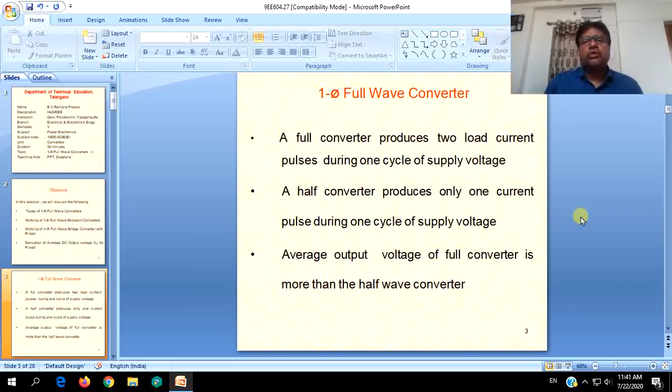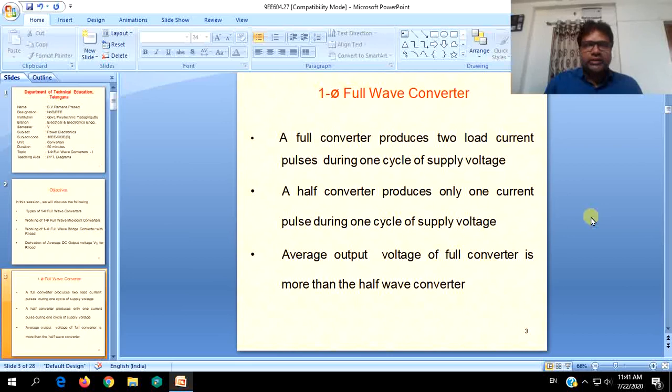When it comes to full wave, it is a simple extension of half wave, where the positive half cycle will be allowed as it is, and the negative half cycle will be converted into positive, or in both the half cycles the current direction and voltage direction across the load will be maintained the same. That is full wave conversion.